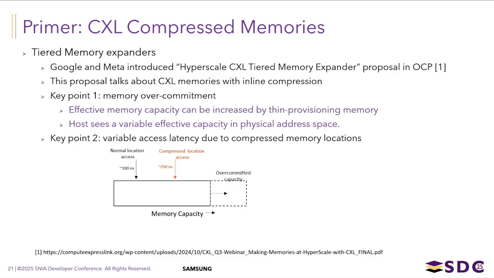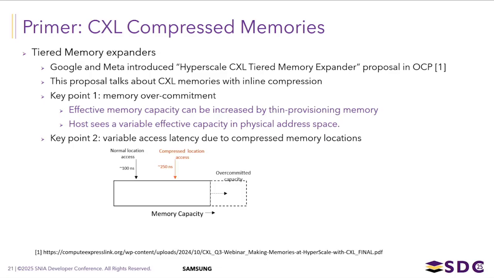That's one aspect. The second aspect is variable access latency. You have certain memory locations which are compressed, and some which are non-compressed. When the host is accessing the locations which are compressed, the device has to decompress and give it back. So these locations would incur a higher latency.